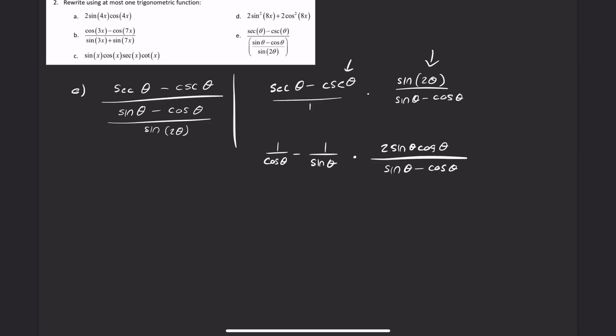So now let's add these two together. And we'll have to multiply top and bottom by each denominator. For cosine, we'll multiply by sine theta, and here we'll multiply by cosine theta.